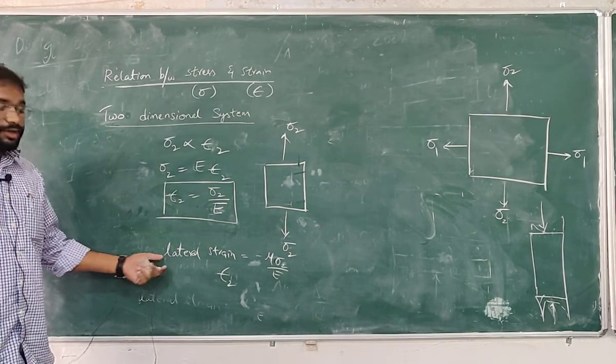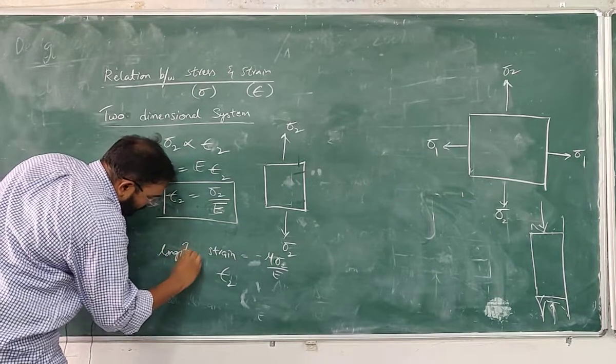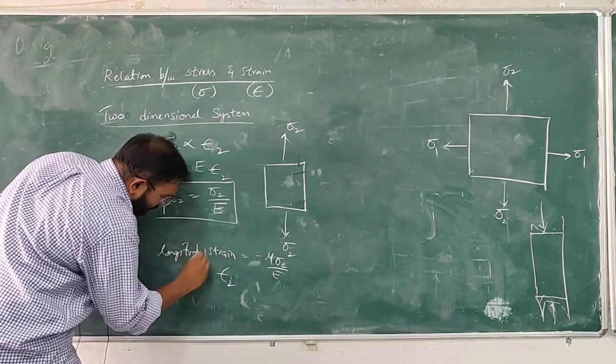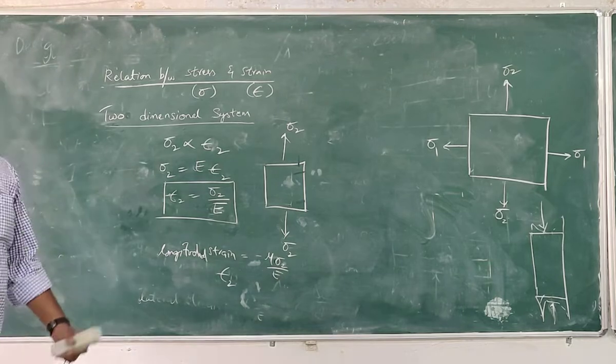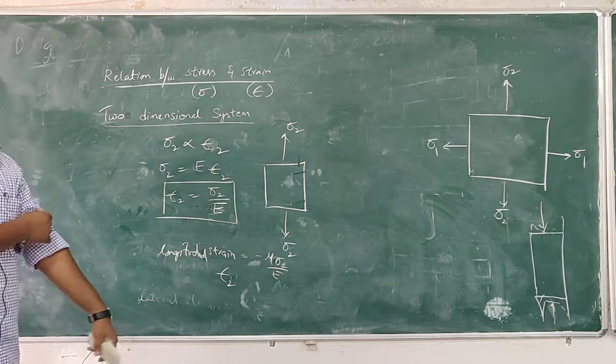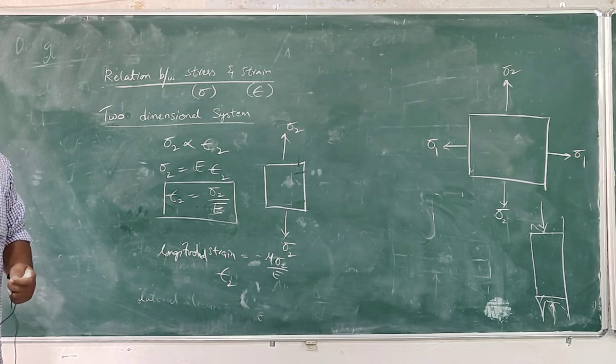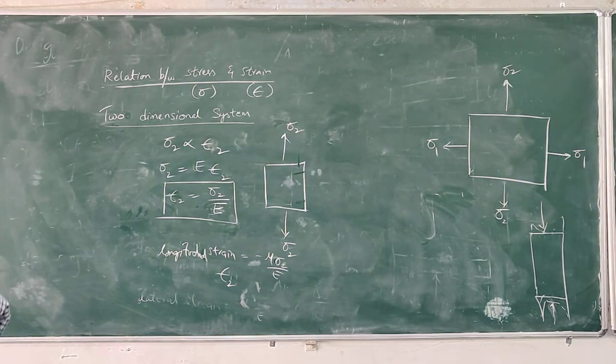Previously we calculated, sorry, longitudinal. Lateral strain divided by mu, so 1 by mu. Previous step we have calculated longitudinal, lateral. Lateral is this, it will be minus mu.